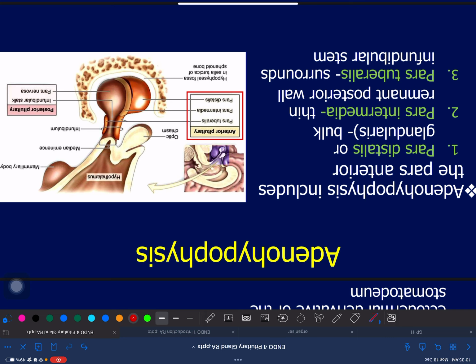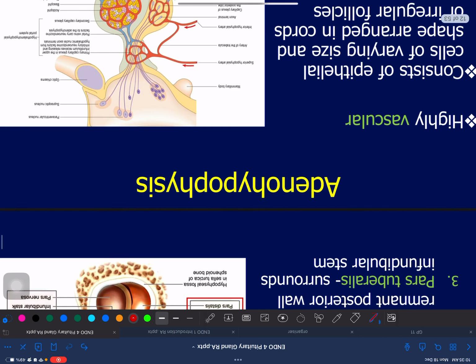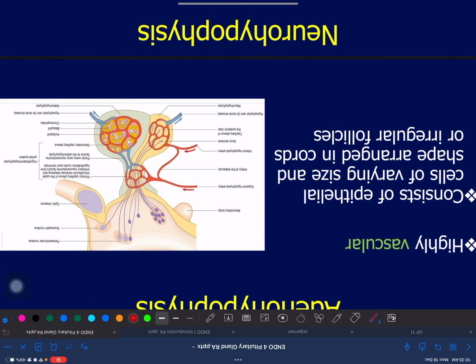The pars tuberalis is still considered a part of the anterior pituitary, not posterior. It is highly vascular and consists of epithelial cells of varying size and shape, arranged in cords or irregular follicles. I will explain in the histology part.